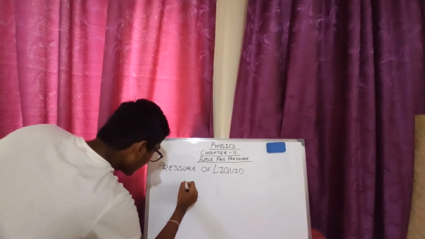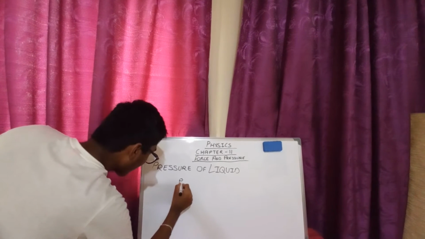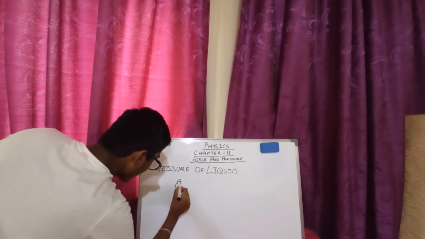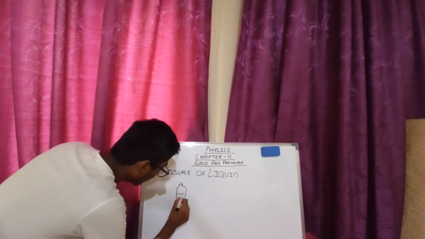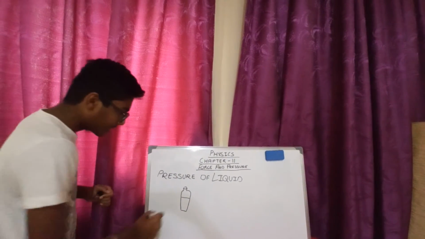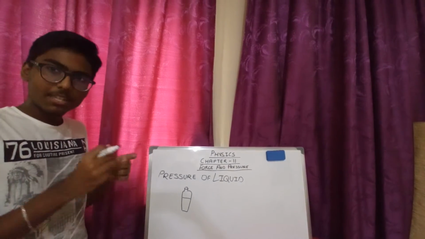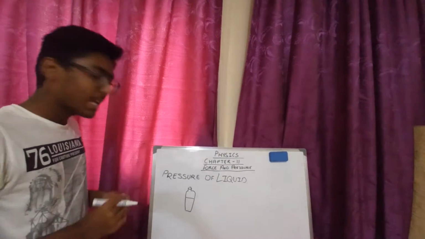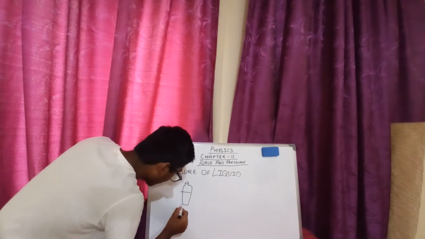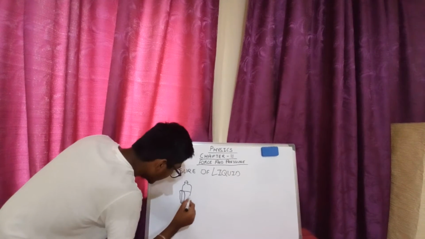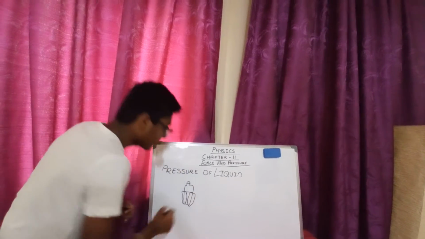Now take a bottle and fill it with water. What do you think? If they exert pressure, where do they exert it? They exert the pressure on this part, on the walls of the container.